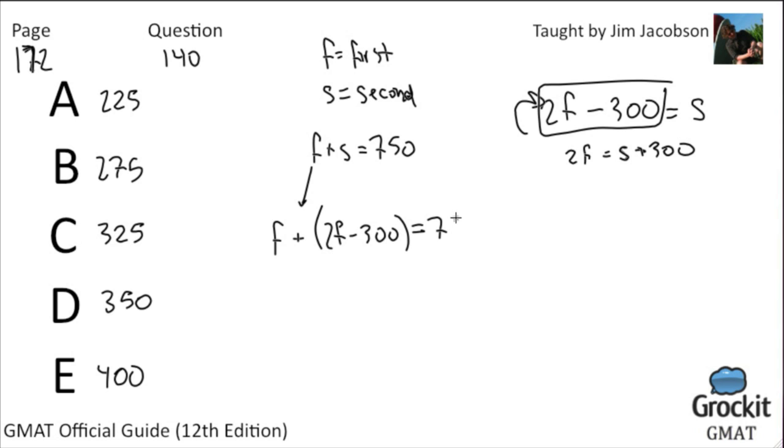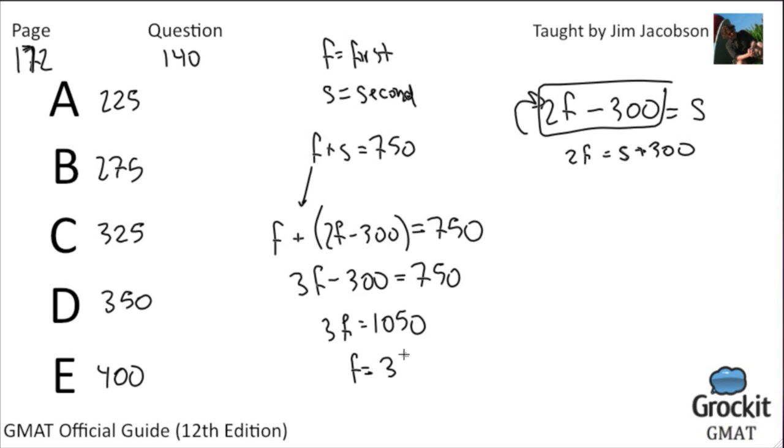That equals 750, so that's 3F minus 300 equals 750. 3F equals 1050, and then F equals 350. Choice D.